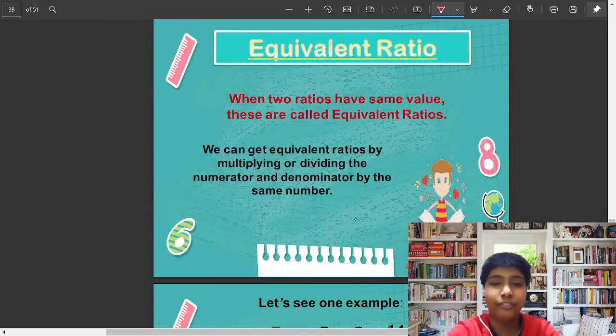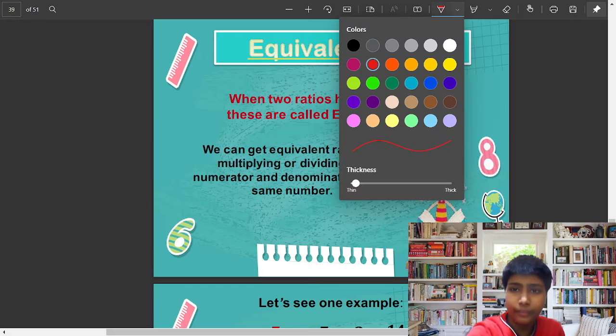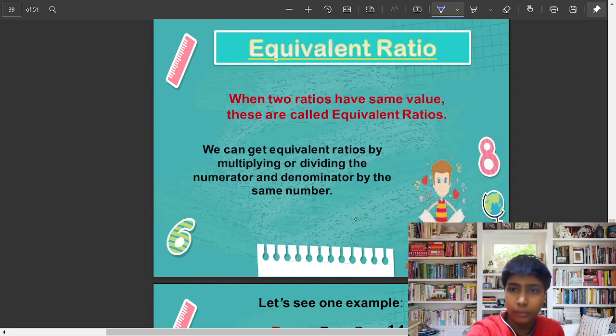It is the same as what we learned in fractions, but somewhat different. When two ratios have the same values, these are called equivalent ratios. You can note this line somewhere in your notebook, because this can come in your exam.